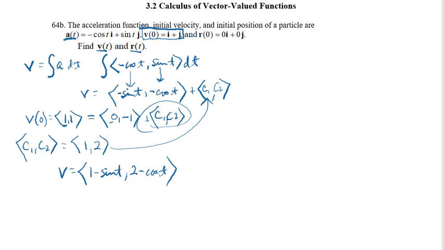We need to do the same thing with the velocity vector that we just did with the acceleration vector. The position function is the integral of the velocity. So to find the position, we need to do the integral of what we just found.